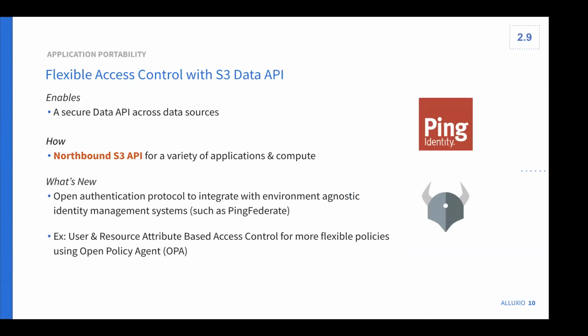Cool. The next update that we have is around our northbound S3 API. And for those of you keeping track, you've seen development on our S3 API in the past few releases as well.